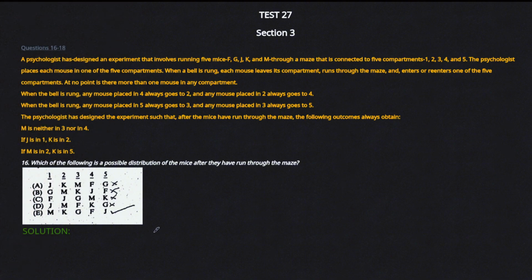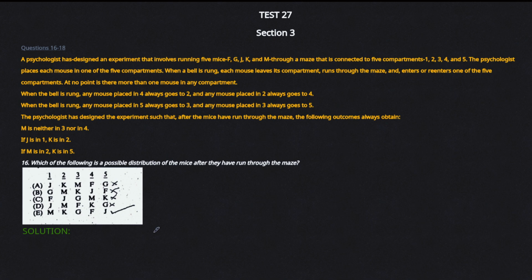Moving on to question number 16 to 18. The premise given here is that a psychologist has designed an experiment that involves running five mice, F, G, J, K, and M, through a maze that is connected to five compartments, 1, 2, 3, 4, and 5. The psychologist places each mouse in one of the five compartments.